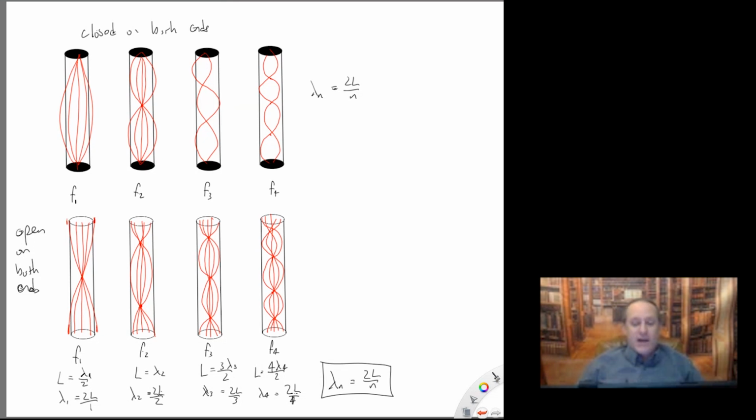Okay, let's just try one example. Suppose we have a pipe closed on one end that has a length of 3 meters.